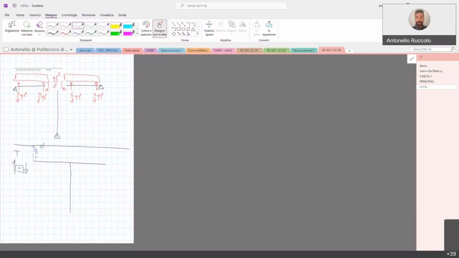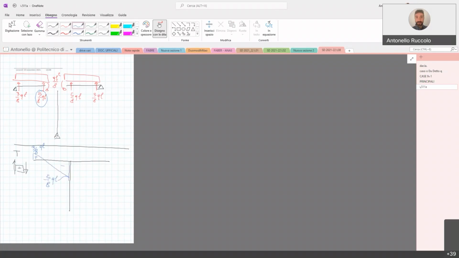In the node B, belonging to the beam A, we have this shear force. So it is opposed to our reference here. So it is negative, minus 5/8 QL.